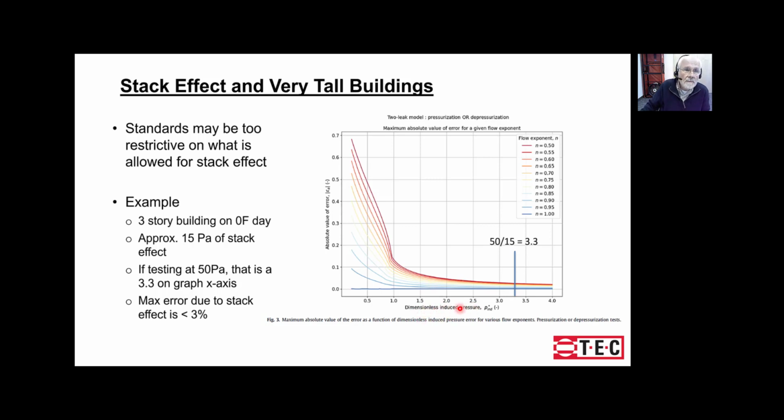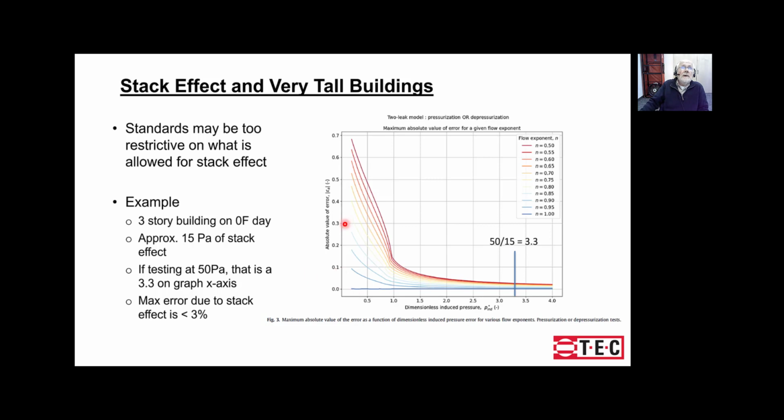Say we're going to do a blower door test and test the air leakage at 50 pascals. 50 pascals is the induced pressure. But we make it dimensionless by dividing by what's called the total stack effect that you can calculate. It's just related to the height of the building and the temperature difference between inside and outside. So this is the induced pressure, made dimensionless by dividing by the stack effect.